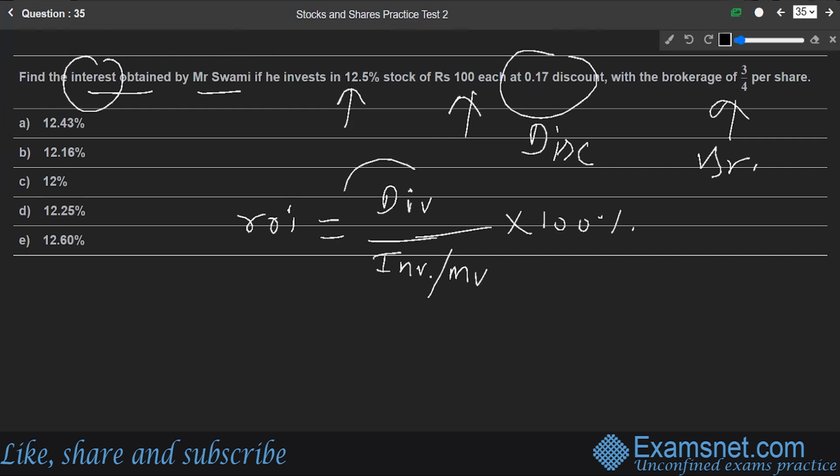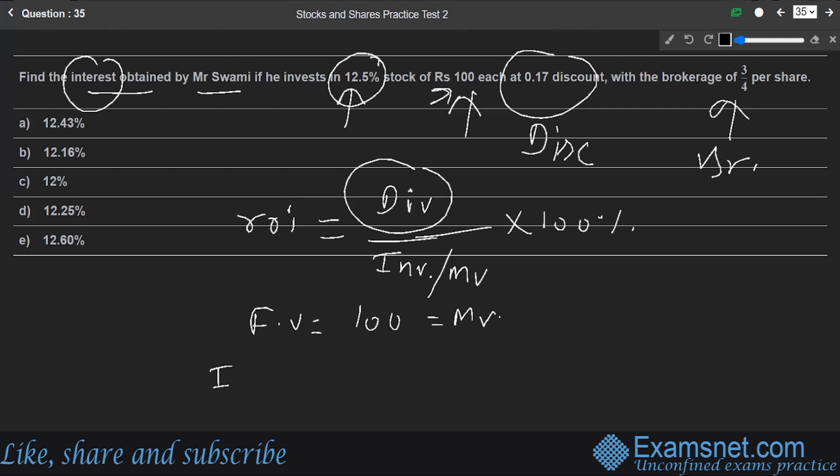So clearly we need to know the dividend. So dividend can be found out over there. He says 12.5% stock available at stock at 100 rupees. So clearly the face value can be written as simply 100, or this is available as market value also. 100 rupees is the market value.